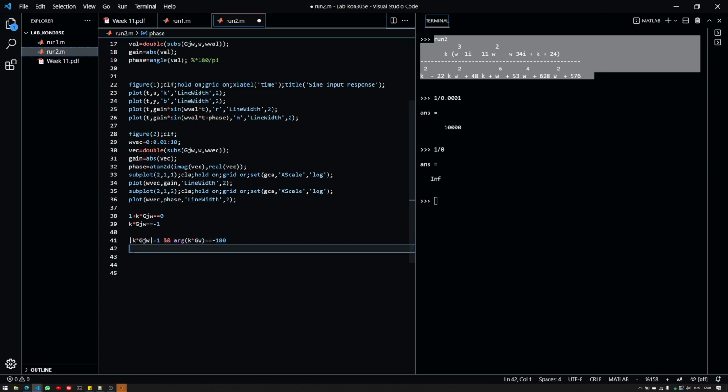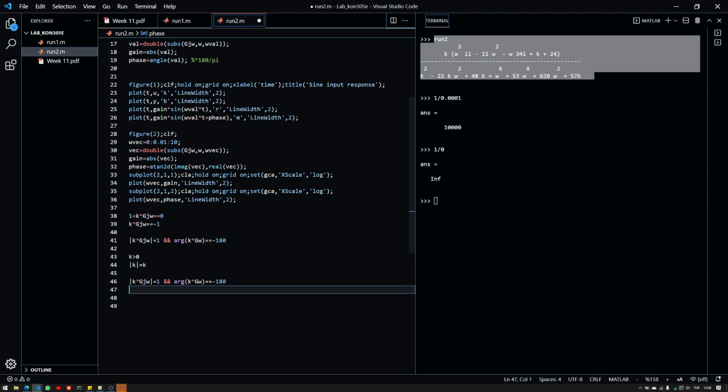Now, here, let's assume that k is positive, which would then correspond to positive root locus here. Then I can say that the magnitude of k is equal to k. Therefore, this would reduce to this. And also, another thing, the argument of k is equal to 0 because it's a positive scalar.